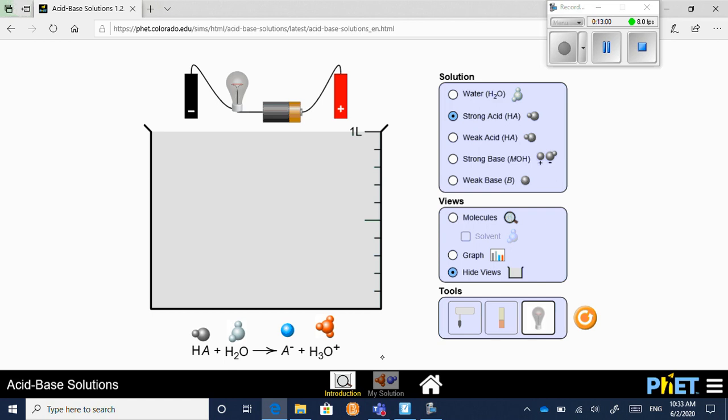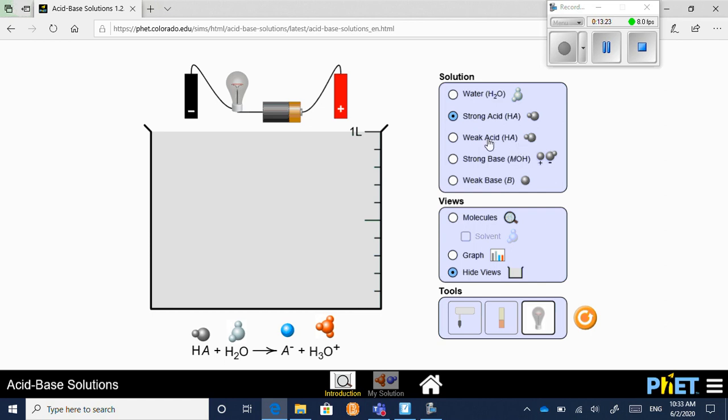So let's say it's HCl. If you were to place HCl into water, it's going to dissociate into Cl- and H3O+. So this is just meant to represent any acid being placed into water. Now, I'm going to show you a couple of things here.